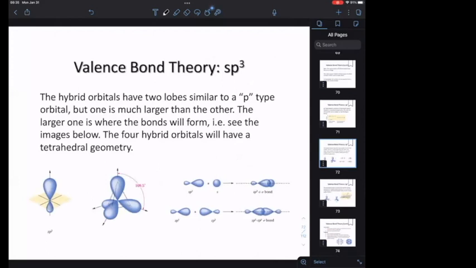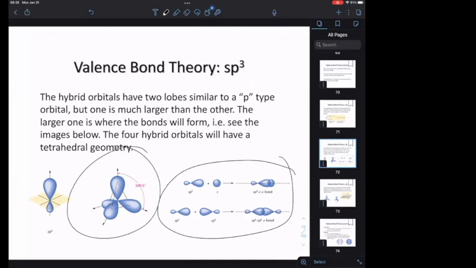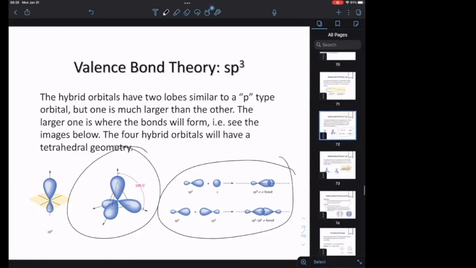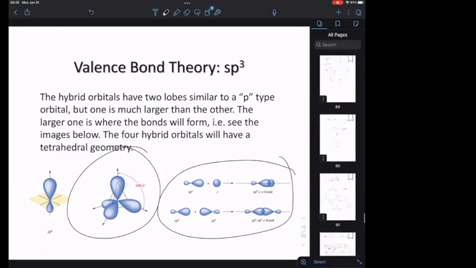I don't want you guys to get too bogged down in this orbital business. The bottom line is that we have these s orbitals and these p orbitals, and they'll mix together. They'll form a shape like this one here. Okay, this is what we call a tetrahedral. It's actually the way that you would space out evenly 4 things in 3 dimensions, into this kind of tetrahedral shape. And the angle between any 2 bonds is the exact same. It's 109.5. Okay. Going back to our little cheat sheet.